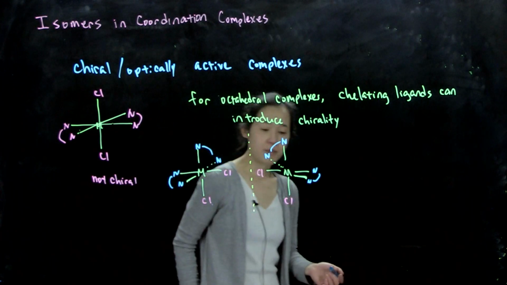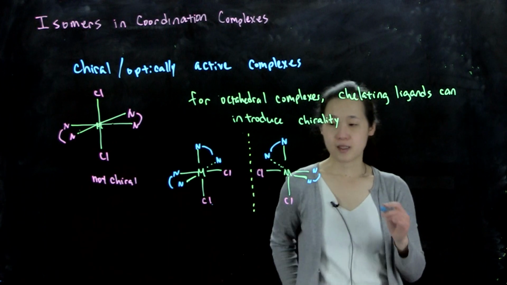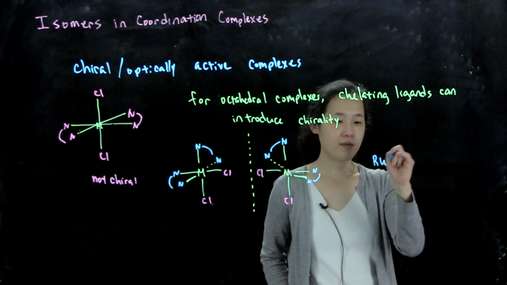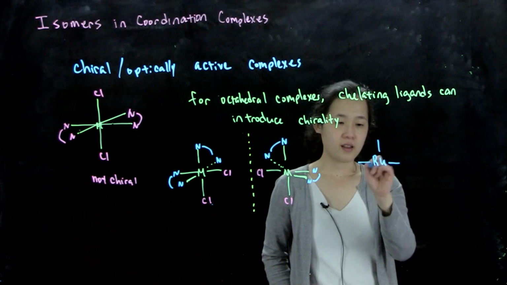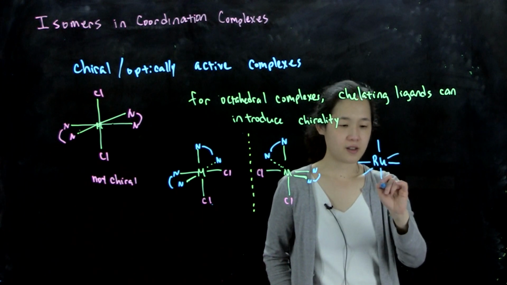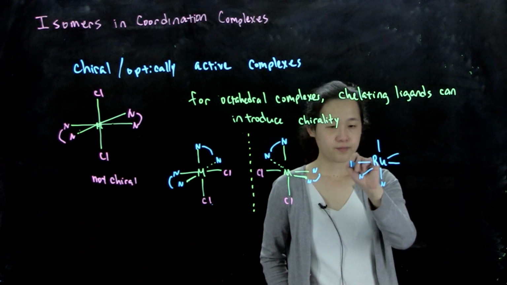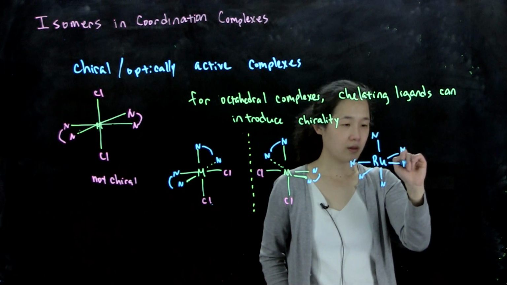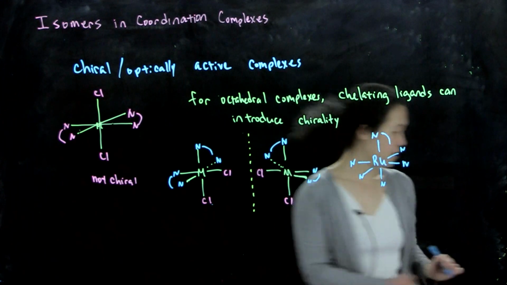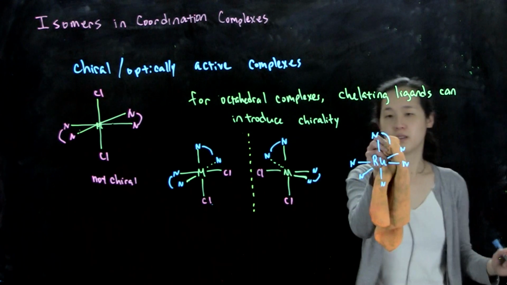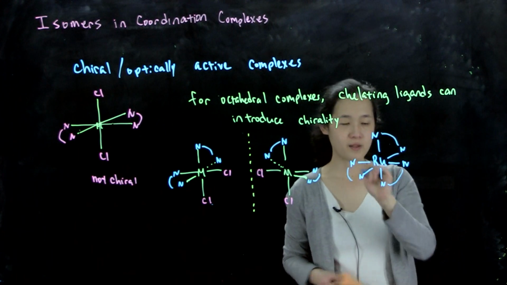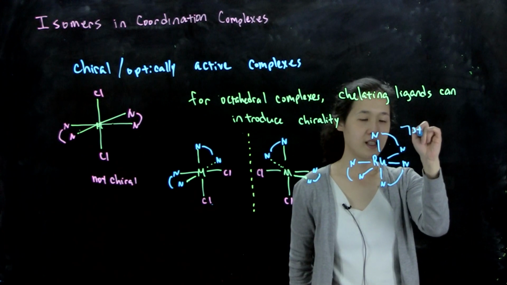Another common example is if we have 3 chelating ligands, so ruthenium with 3 bipy ligands on it, which again I'll abbreviate as those nitrogen donors. Let's say this one, and this one, and this is overall 3 plus.